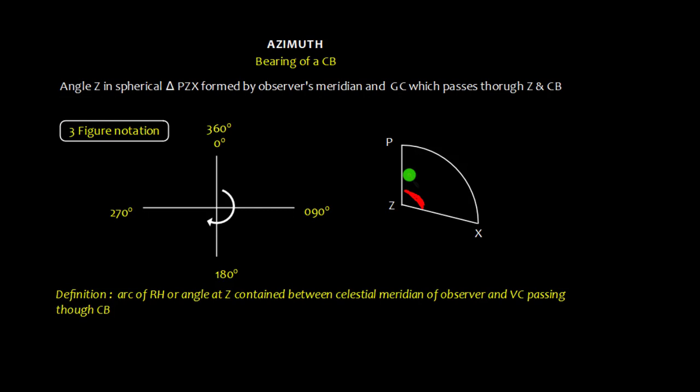You can express azimuth in three-figure notation. Here this is 000 degrees, this is 090 degrees, this is 180, 270, again this 360 in the clockwise direction. All right. It can also be expressed in quadrantal notation. For example, if something is here, then it can be expressed as north, xx degrees, whatever, east, and so on.